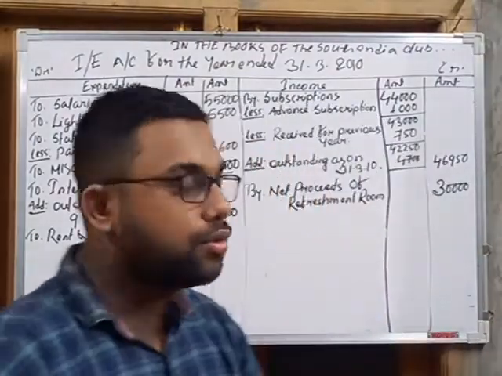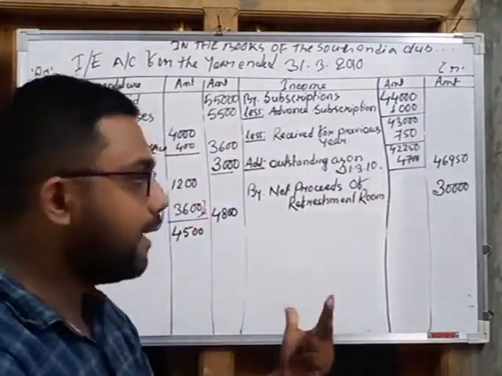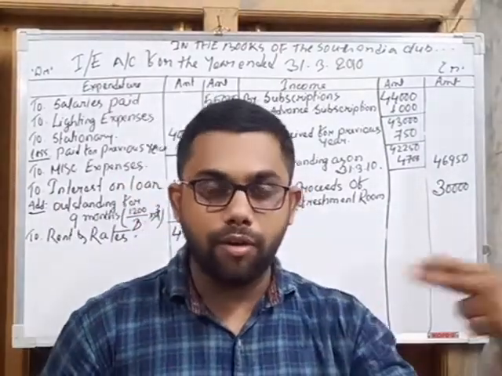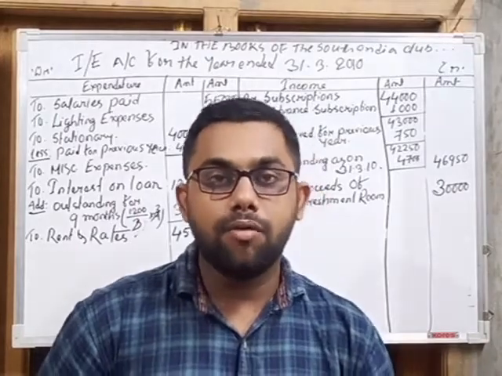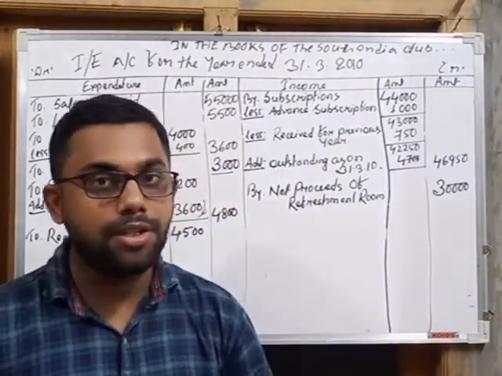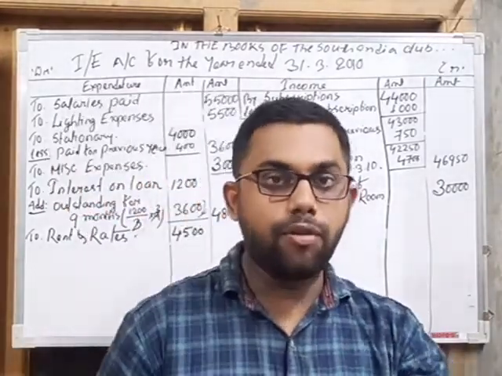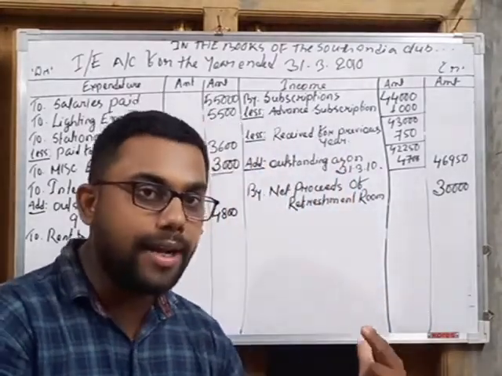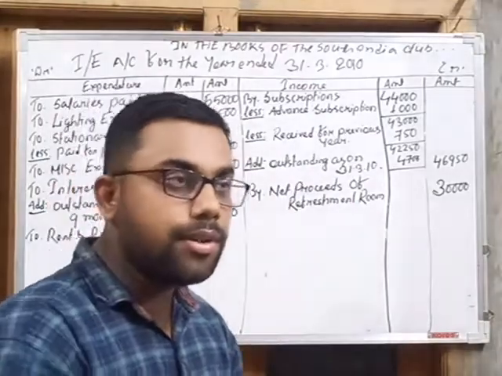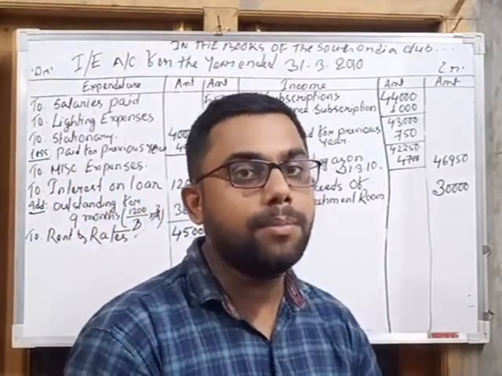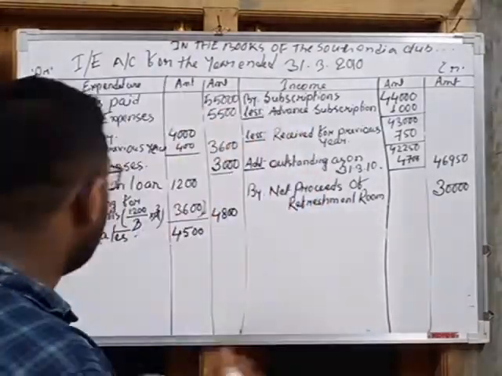So out of rupees 4,500, 500 rupees is paid in advance. It is not the expenditure for the current accounting year, it is for the next accounting year, but the payment is made in the current year. So we have to deduct that item.